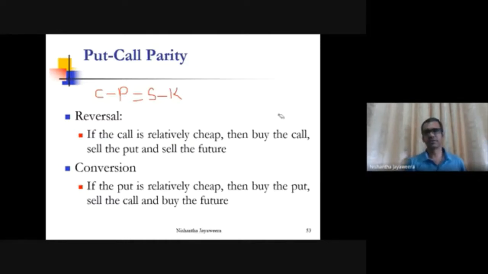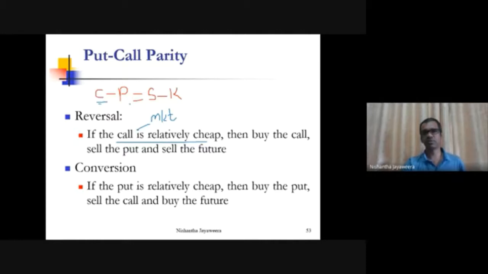Whatever is cheap you buy, whatever is expensive you sell. In this reversal, the call is relatively cheap in the market. The market call option premium is lower than the call premium implied through put call parity. So the market call option is cheap.